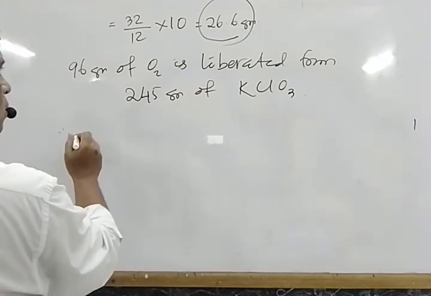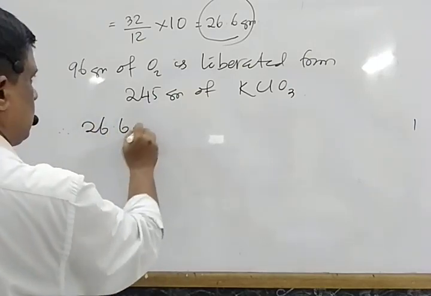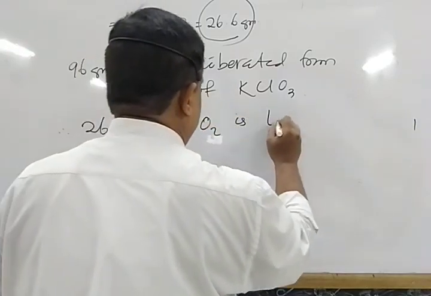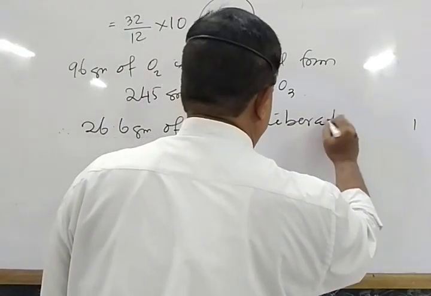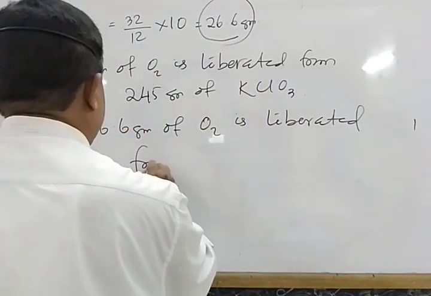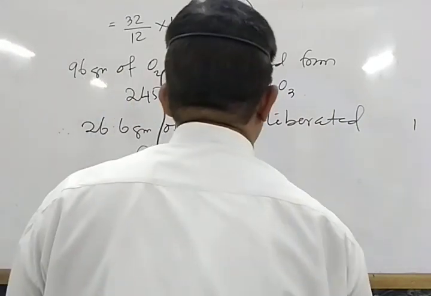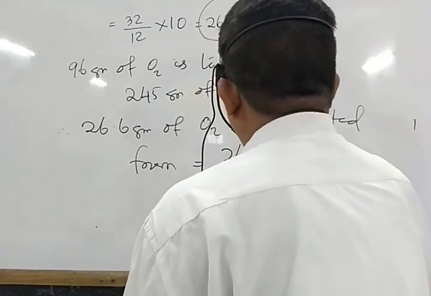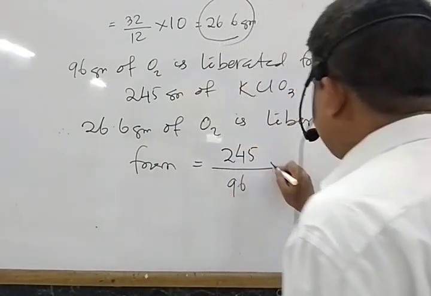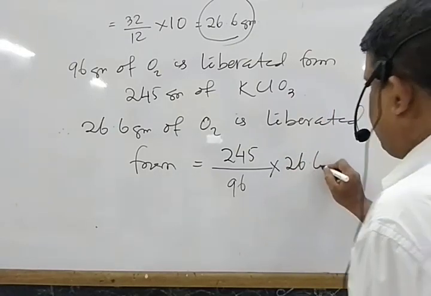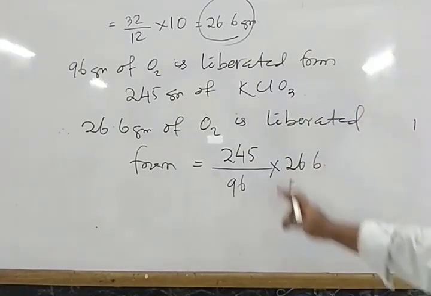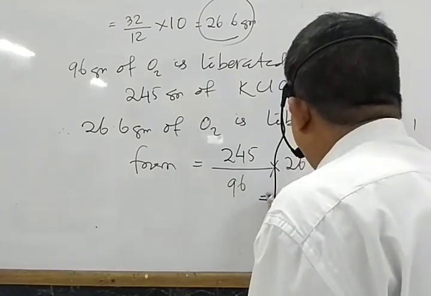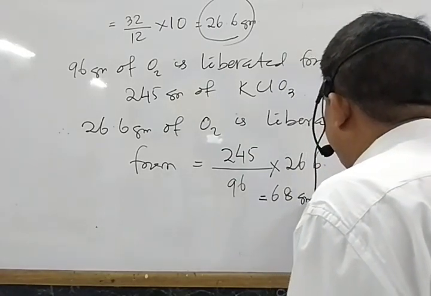Therefore, 26.6 gram of oxygen is liberated from 245 divided by 96 into 26.6, nearly equal to 68 gram.